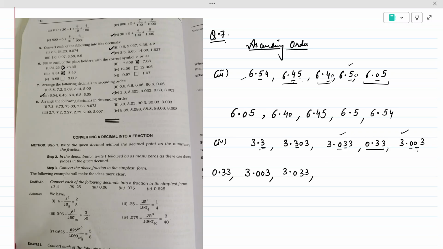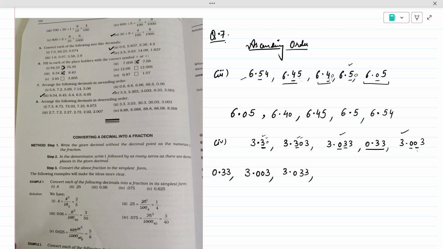And now we are left with these two numbers, 3.3 and 3.303. When we compare these two numbers, kids, we have the same number at the 10th place. Also, we will move to the 100th place, where we have 0 here, because we have nothing, we can write 0 for comparison. So 0 is also the same.